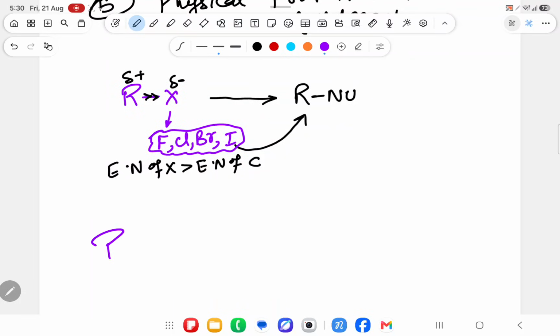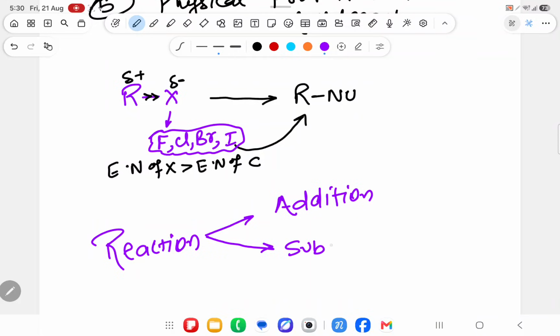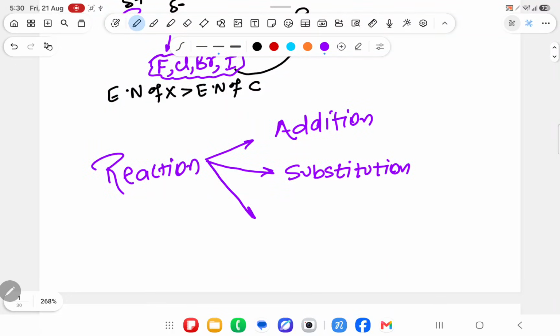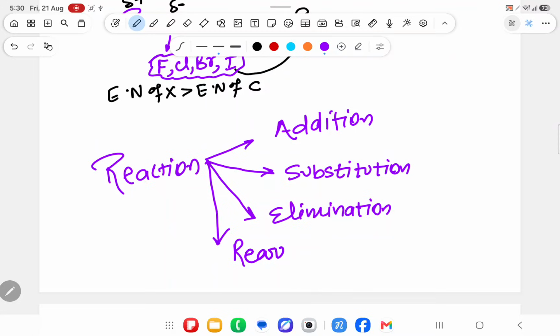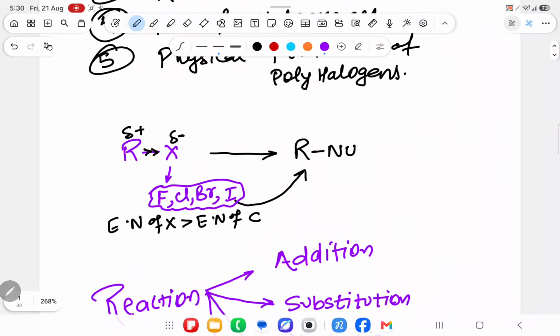What I am trying to say is that in this reaction, either there is an addition of nucleophile, or a substitution of nucleophile, or an elimination of nucleophile, or there is a rearrangement. Don't get confused, it is not rearrangement of nucleophile; simple rearrangement happens. These are the topics that we are going to cover.